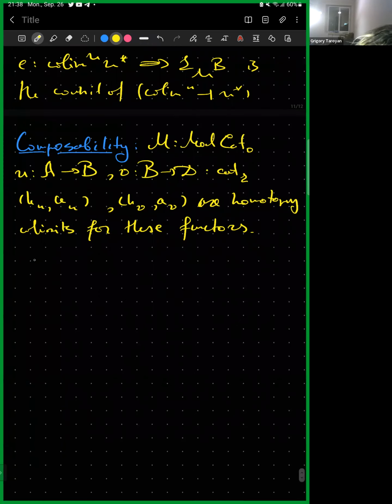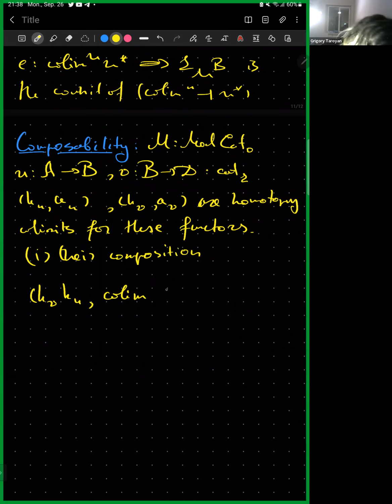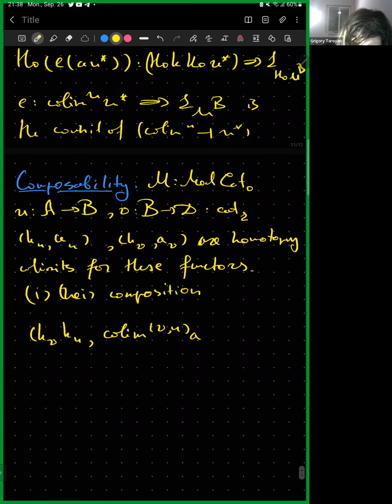Okay, then, first of all, their composition, which is defined as a composition of functors, and a natural transformation, which is defined like this.